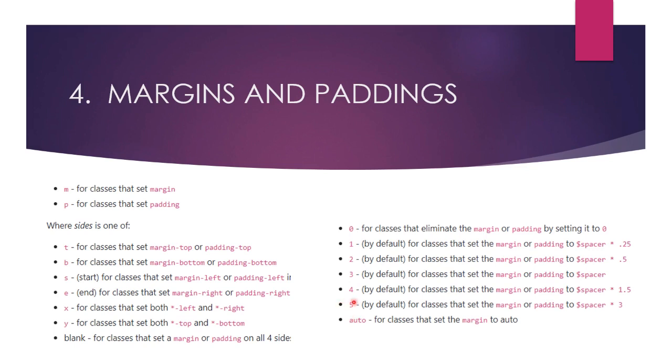Okay, so 5 is the maximum value or the maximum length that you can give these spacings. So it's either you do from 0 to 5 or you do auto. They can't exceed 5. All right, so we'll be looking at this in our practical session. Let's look at the next.